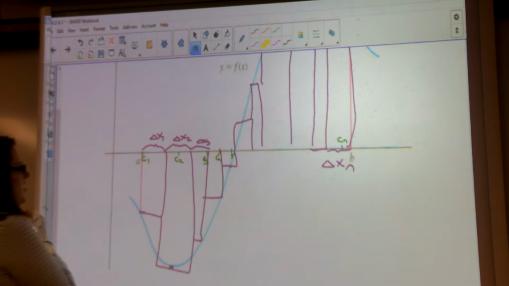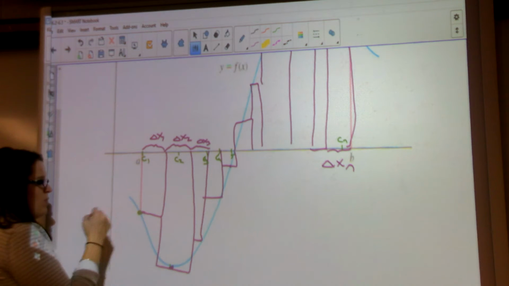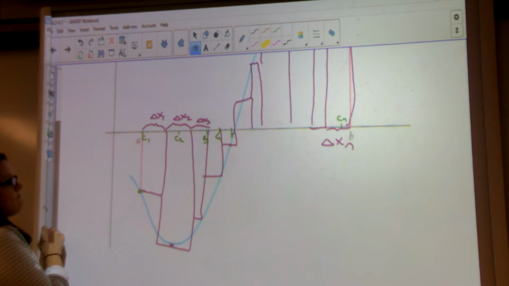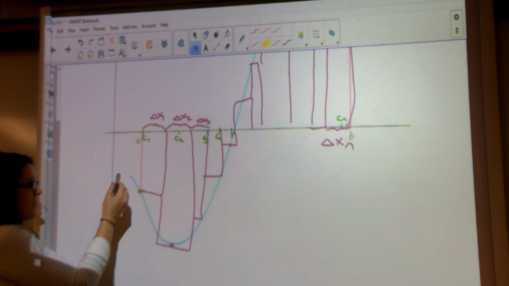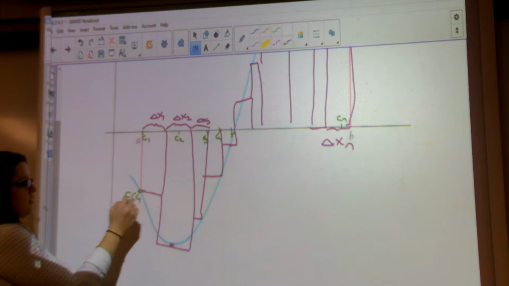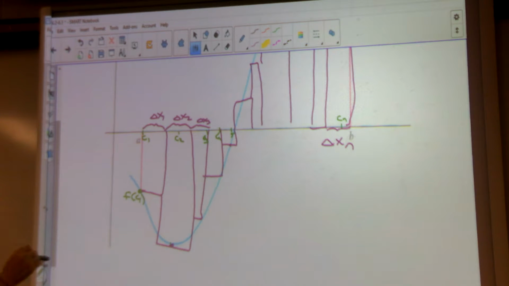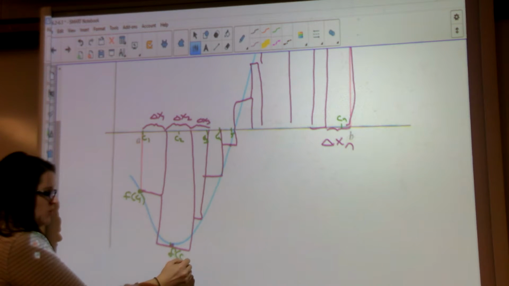Then the height of the first rectangle would be what? It would be f of C sub 1, correct? The height, because that's where it's touching. This would be f of C sub 2.